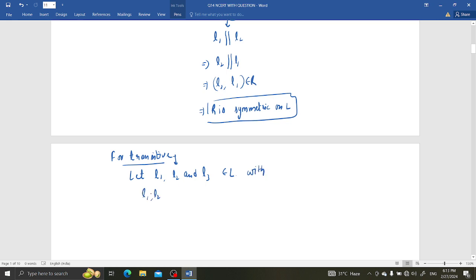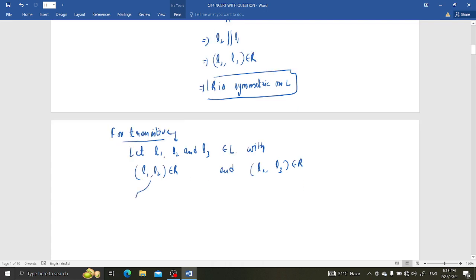L1 comma L2 belongs to relation R, and L2 comma L3 also belongs to relation R. Okay. If L1 comma L2 belongs to R, it means L1 is parallel to L2. And if L2 comma L3 belongs to R, it means L2 is parallel to L3.